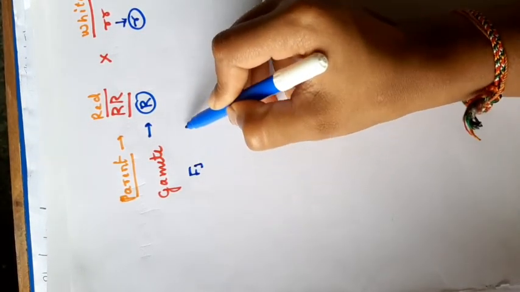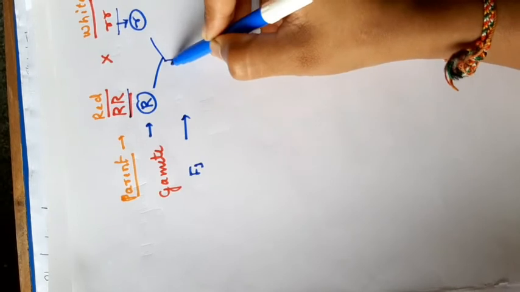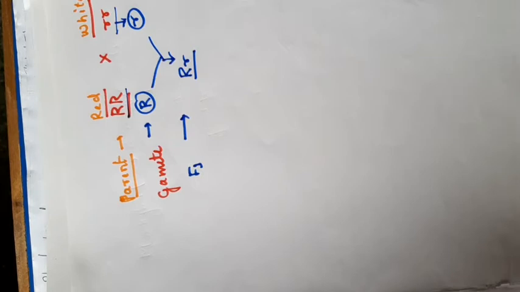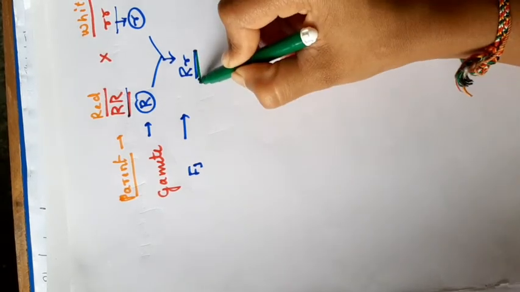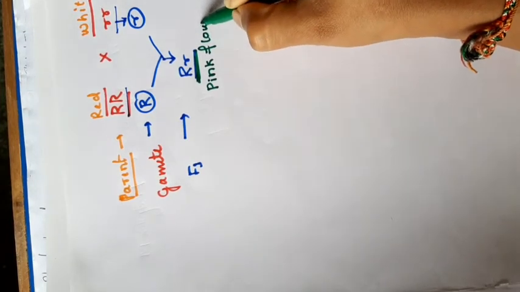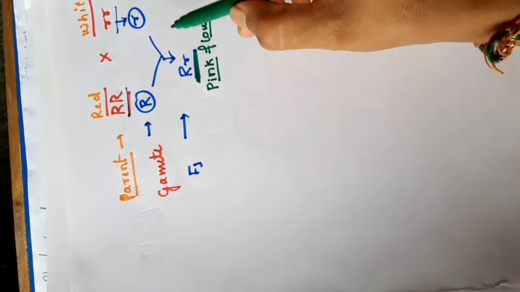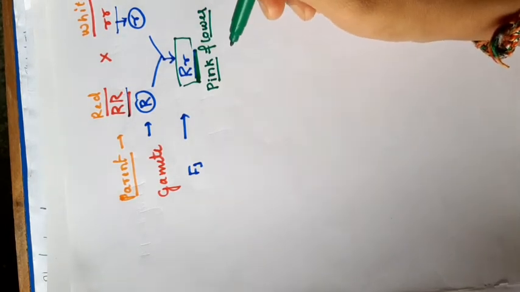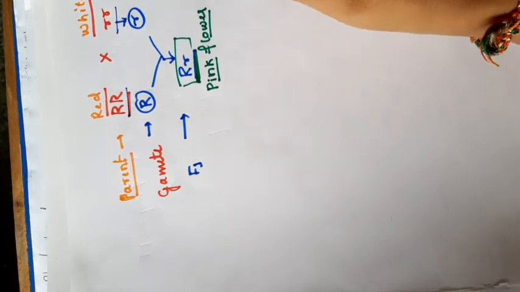Okay. Mendel crossed the plants having white and red flowers. He got the F1 with capital R and small r as the genotype, but surprisingly the F1 hybrid had pink flowers. The pink color is not a characteristic of the parental plants, but a new color appeared in the F1. Mendel concluded that both genes are expressed partially in the F1.